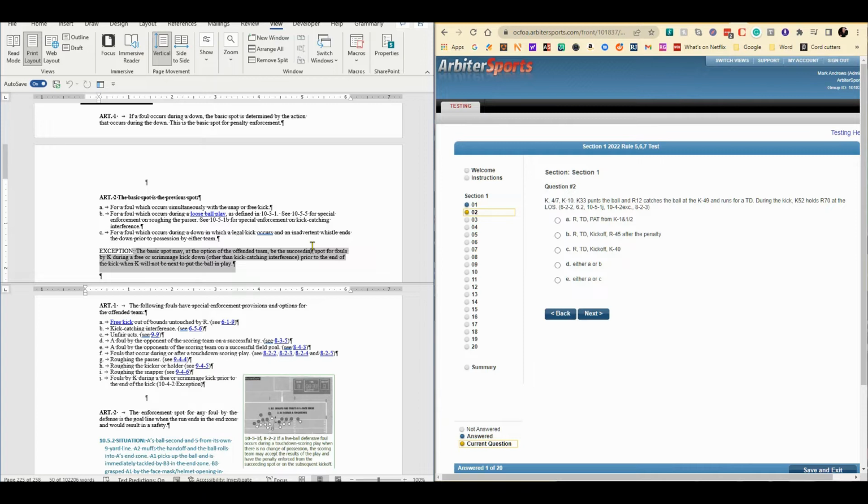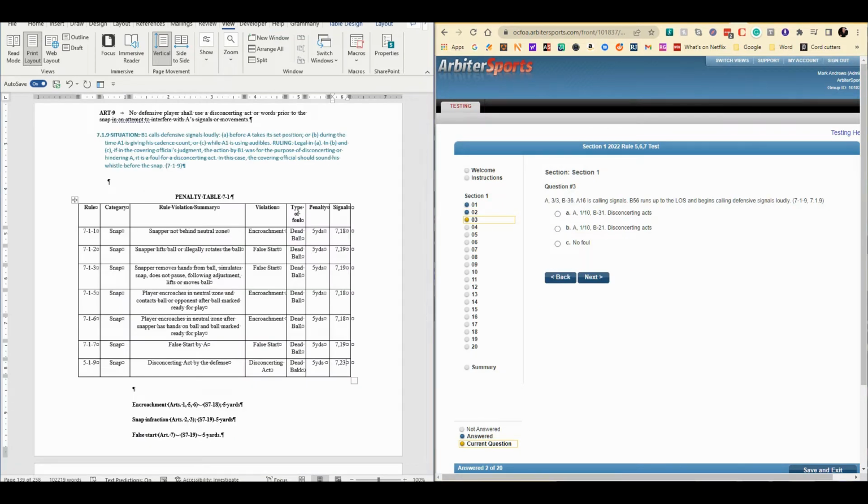So the choices here are either R, TD, point after from the K1.5, or they could decline. Some teams do this because the kickers are used to kicking from a certain spot. So then we'd simply have R, TD, kickoff at the K40. So we have A and C are both true. The answer is E.